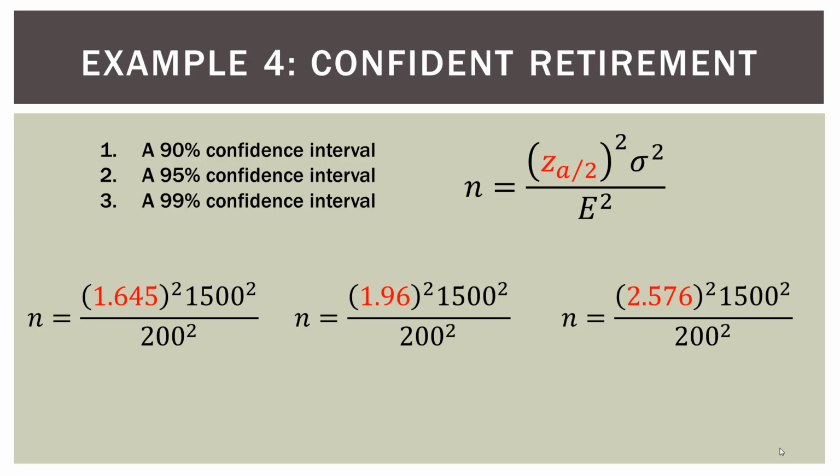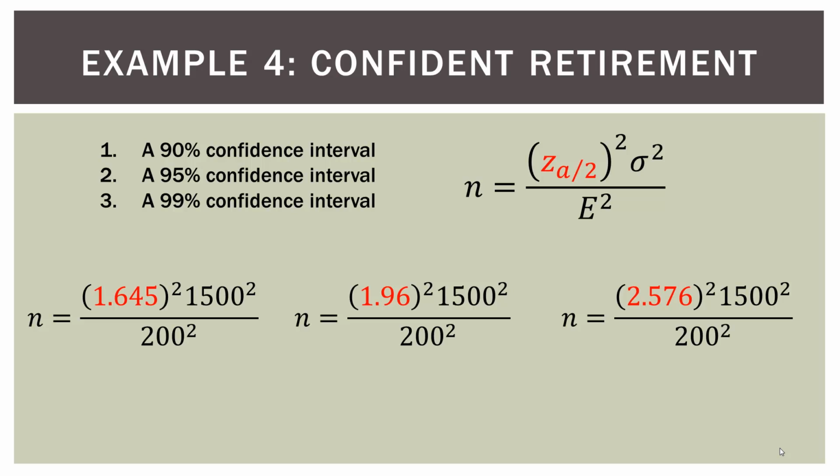We want to capture 99% of the area under the curve. So to do that, our boundaries are going to have to move way outward, out to 2.576. So if you think of our bell curve with our blue area in the middle, as the confidence interval changes, those boundaries are going to move in and out depending on the level of confidence we want.